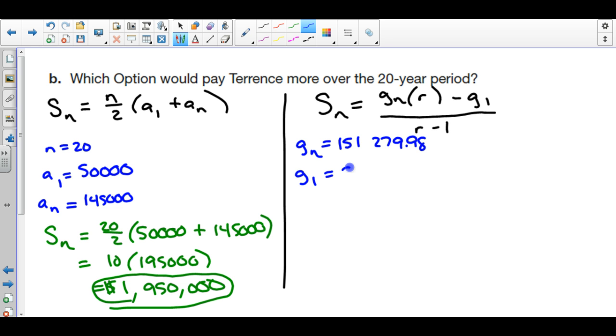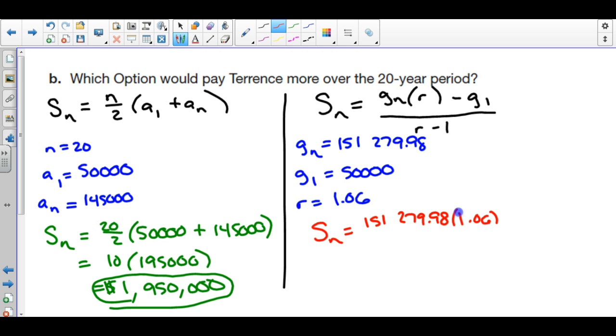Our first term was that same amount that he started with as before, the $50,000, and our common ratio in this case was 1.06 because he was getting 6% more every year. So I'm going to substitute it into the formula at the top. So S sub n equals 151,279.98 times my common ratio minus my first term.